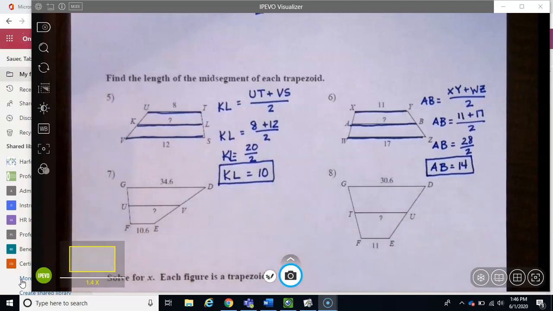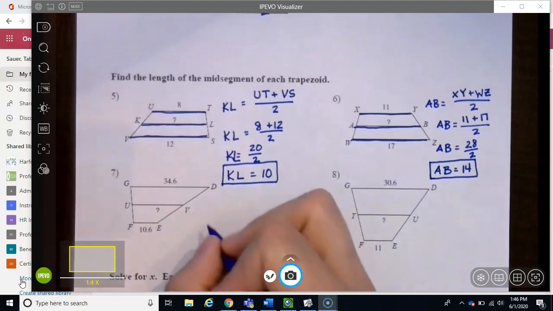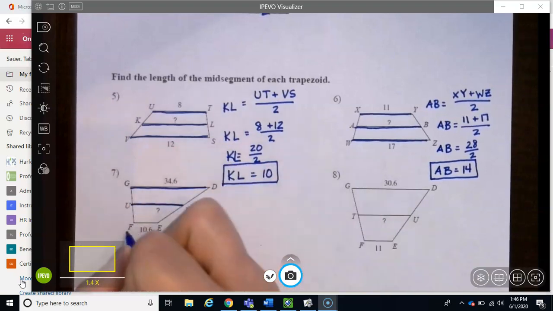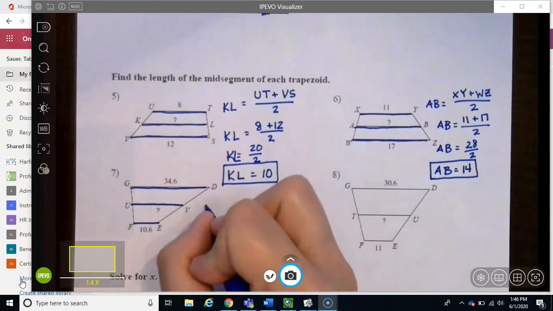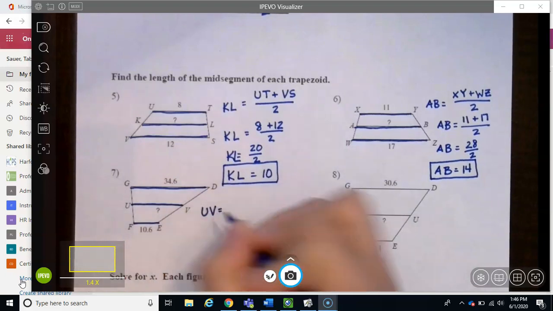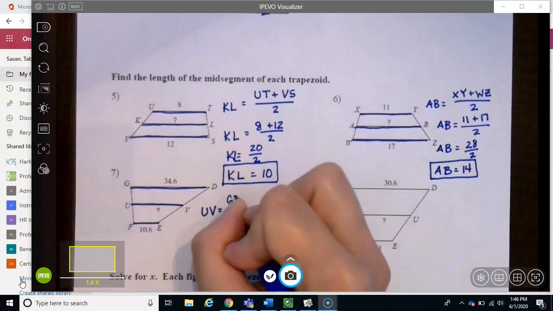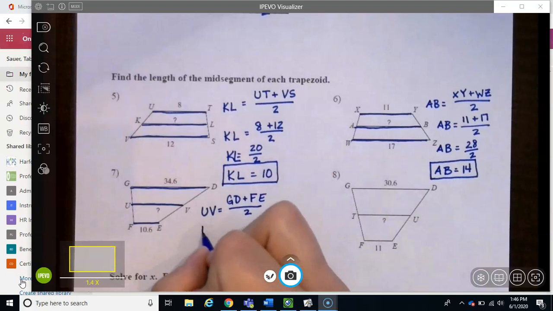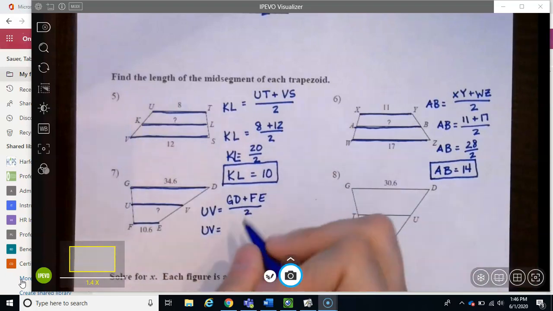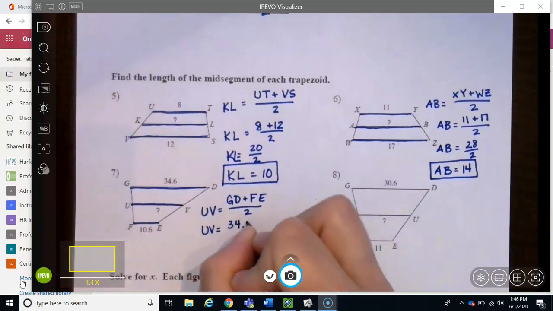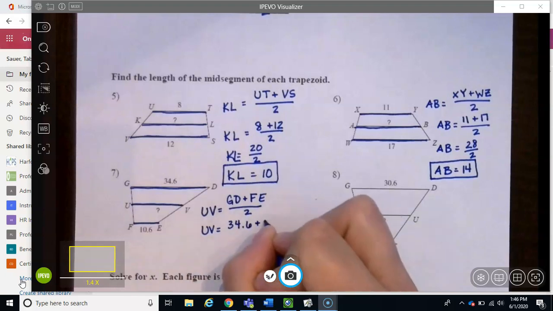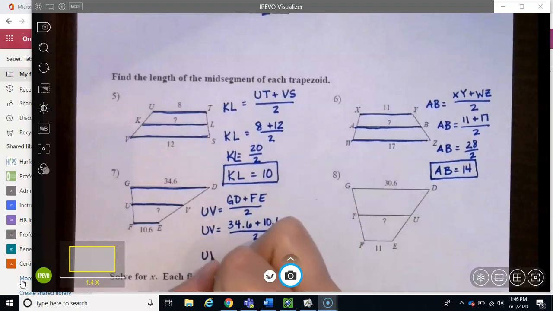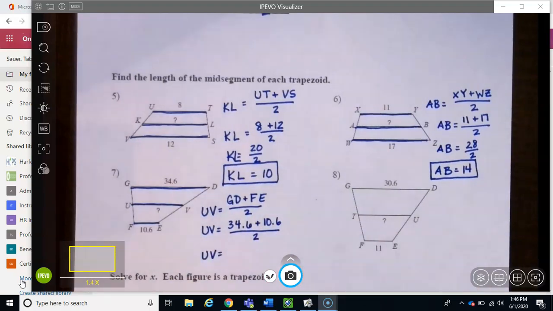And then here's a couple examples just where they threw some decimals in. So UV is our midsegment, GD and FE are our bases. GD is 34.6, add that to FE, which is 10.6, and then divide by 2.